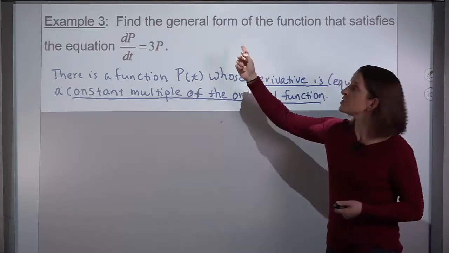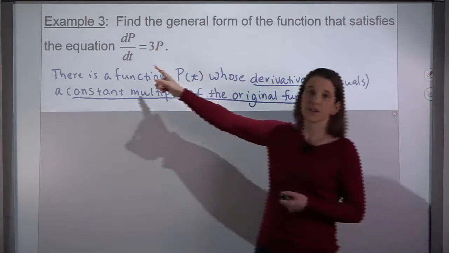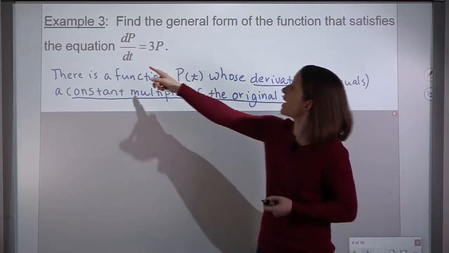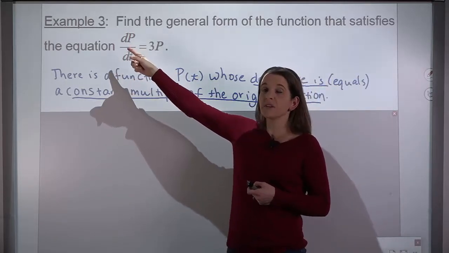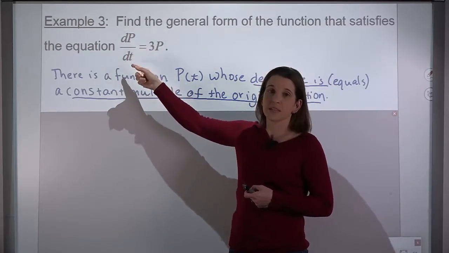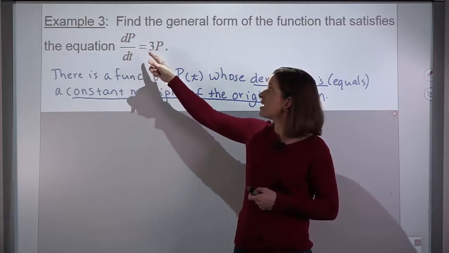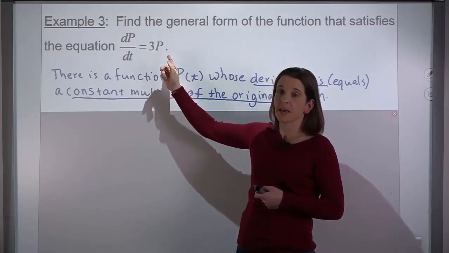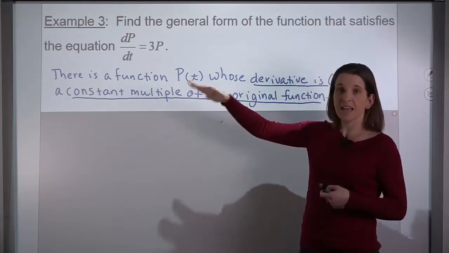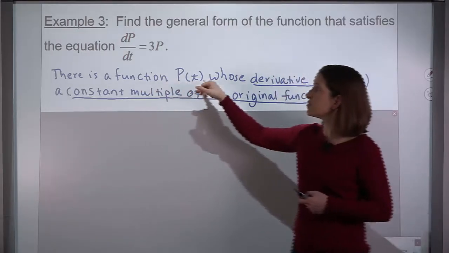So this says find the general form of the function that satisfies this equation, that the derivative of p of t, the derivative of p with respect to t, is 3 times p. So this says there is a function p of t.